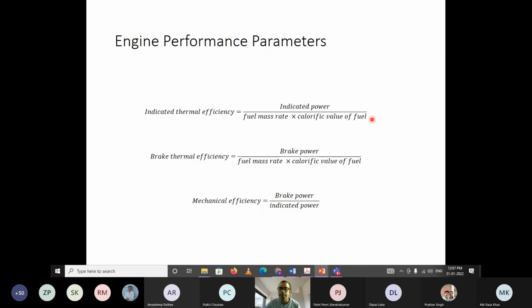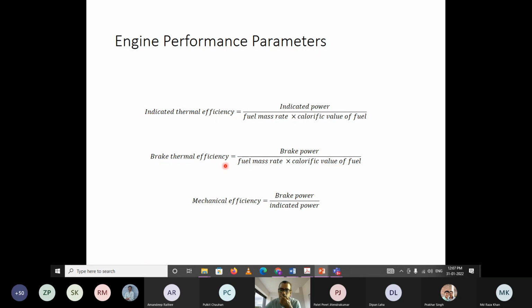The output depends upon where you are measuring it. If you measure the power at the piston surface, that is, how much force is acting on the piston by the combustion, it gives the indicated power, and correspondingly it is called indicated thermal efficiency.